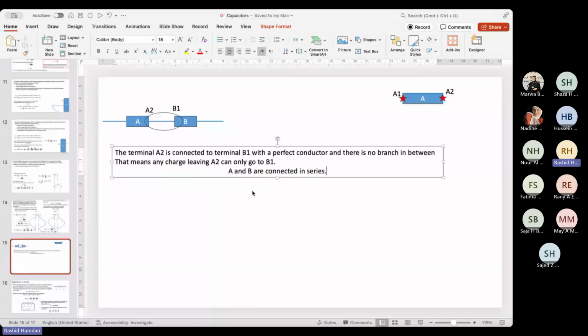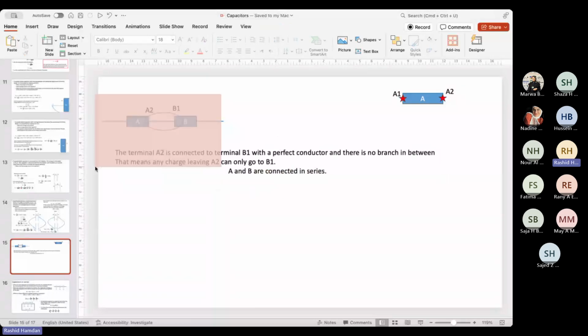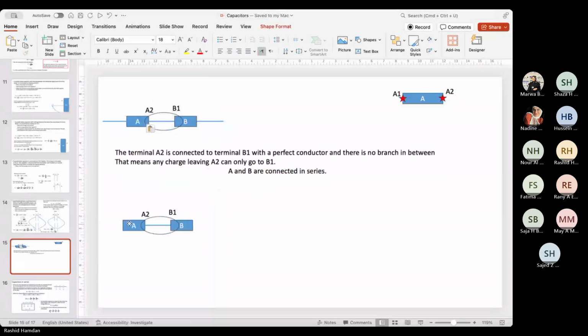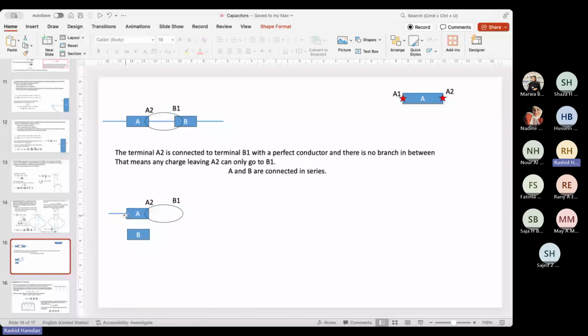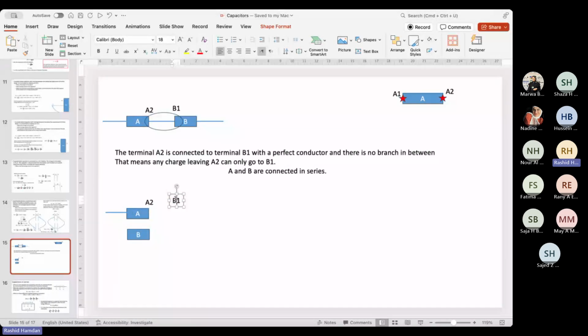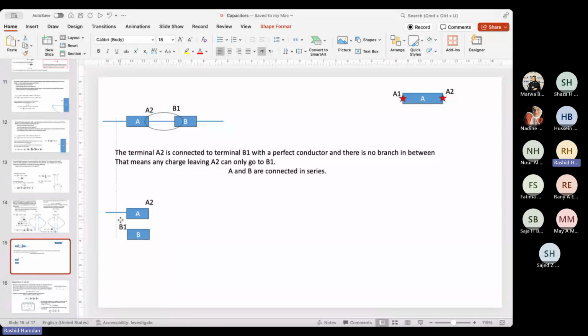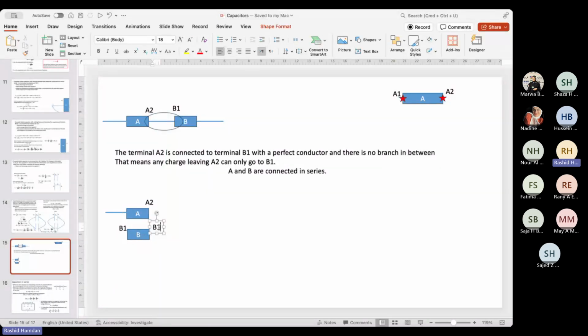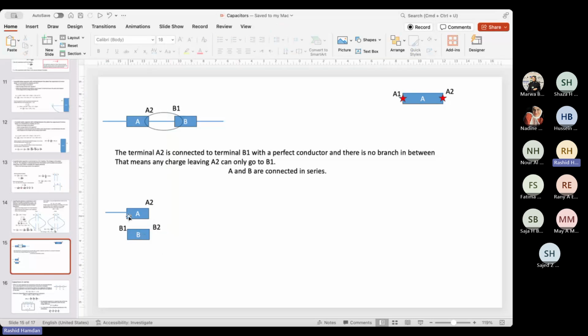I could have a different kind of connection. The other connection is I kind of keep the connection between A and B, but I'm going to do it from the other side. So this is A2, this is B1, and now B2. I'm going to connect them from both sides.